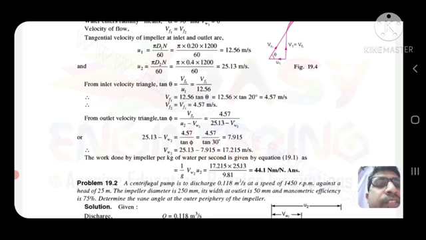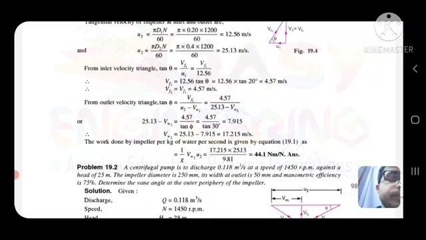From inlet velocity triangle, tan theta is equal to Vf1 by u1. Vf1 by 12.56, so Vf1 is equal to 12.56 tan theta. So 12.56 tan 20 degree is 4.57 meter per second. Vf2 is equal to Vf1, 4.57.